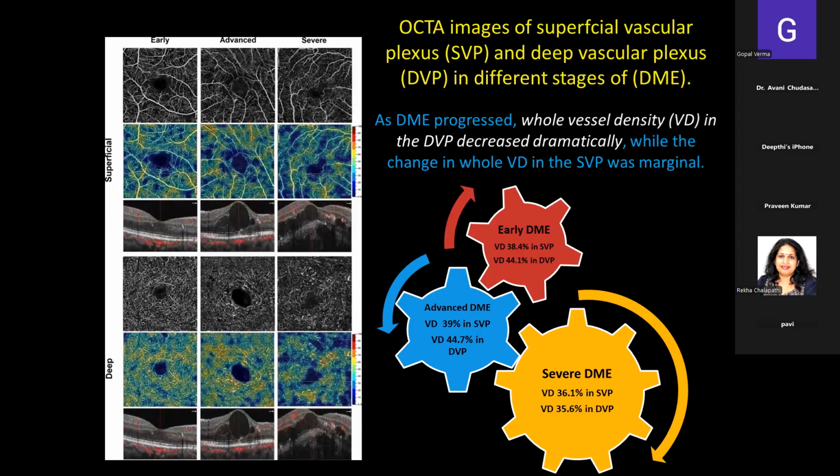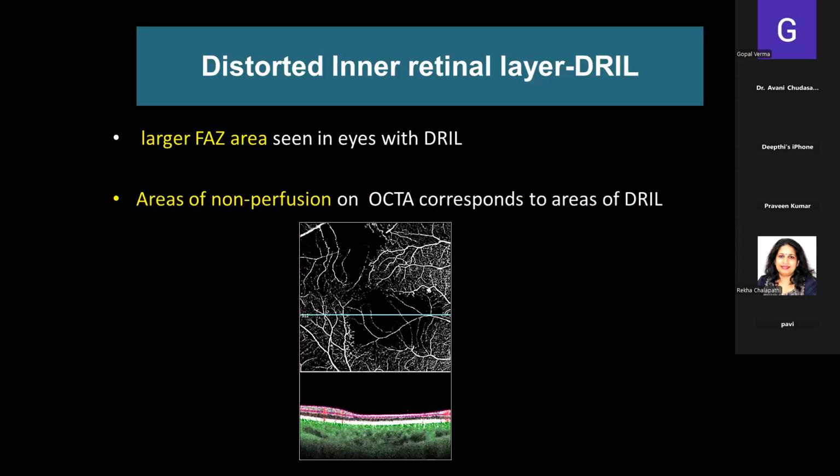As we know, OCT images give us some important biomarkers, such as DRIL, that is, disorganization of retinal inner layers. If you see DRIL on an OCT, it usually tends to correlate with capillary non-perfusion areas in patients on OCTA. So there is a significant correlation between non-perfusion and the presence of DRIL.